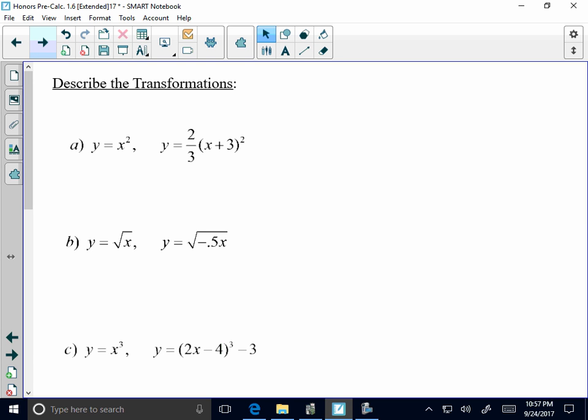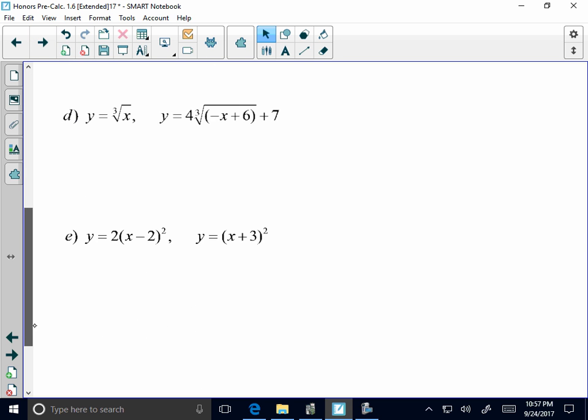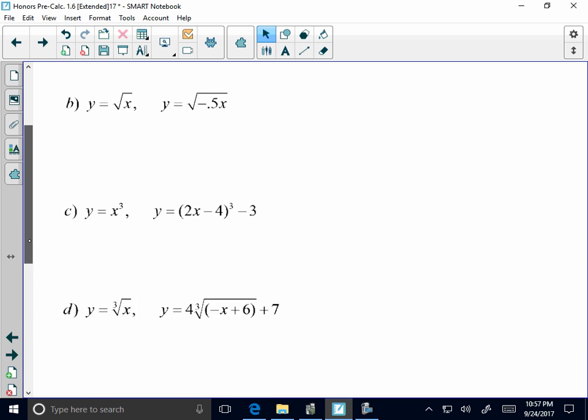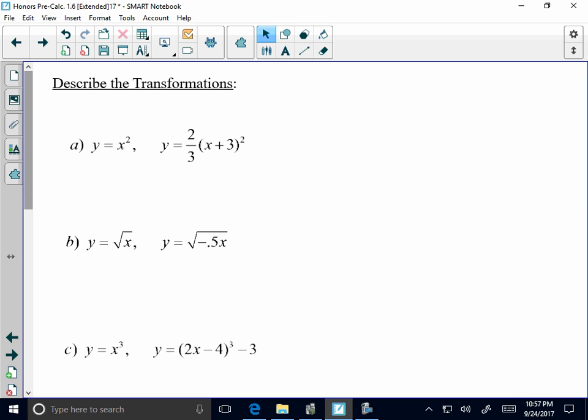So what I want you guys to do is to go through and take a look at all of these and identify the transformations that we're seeing going from our first graph to our second graph. So for example, right here, I'm looking at y equals x squared for my first equation, right?